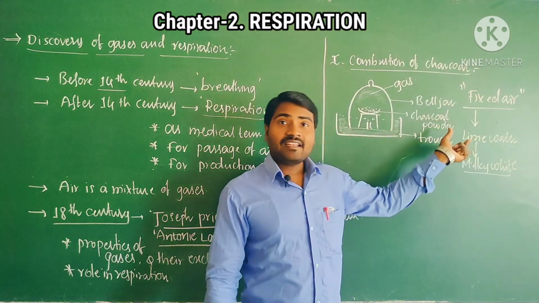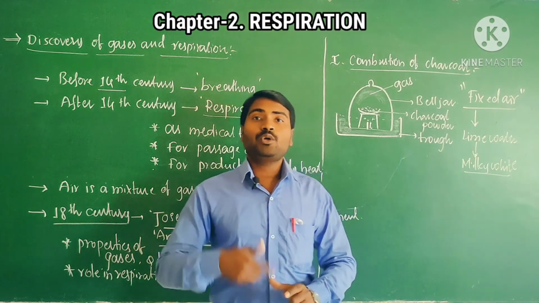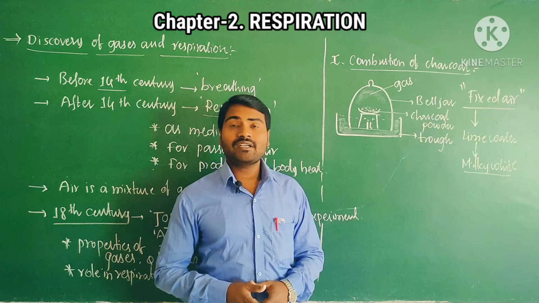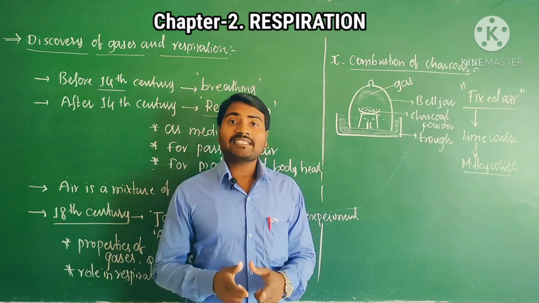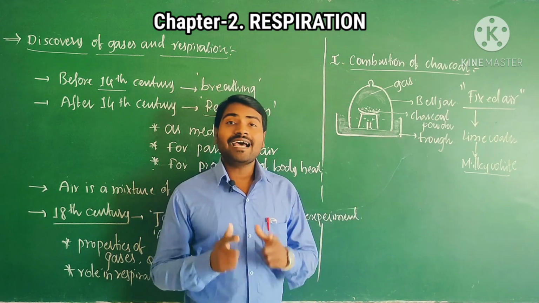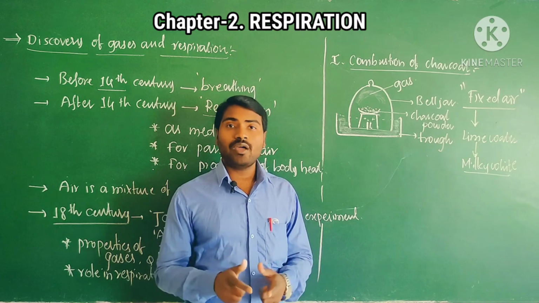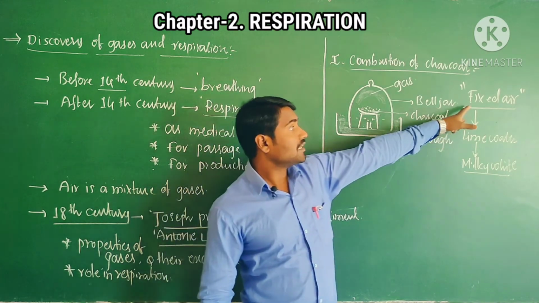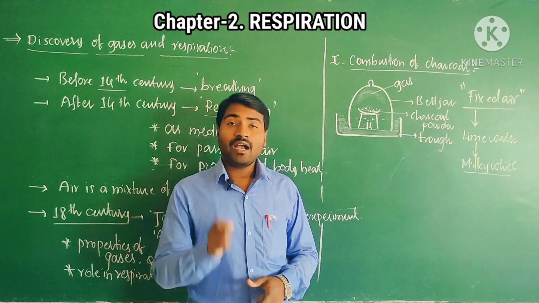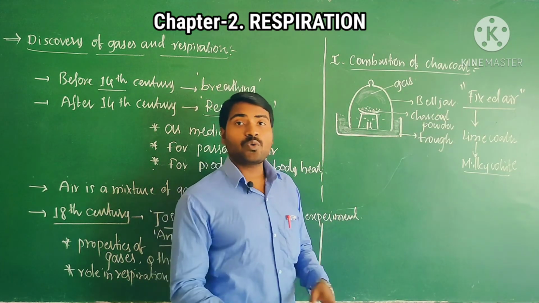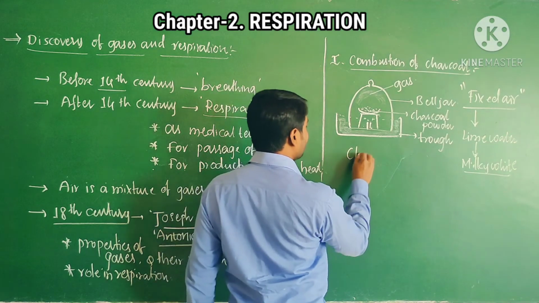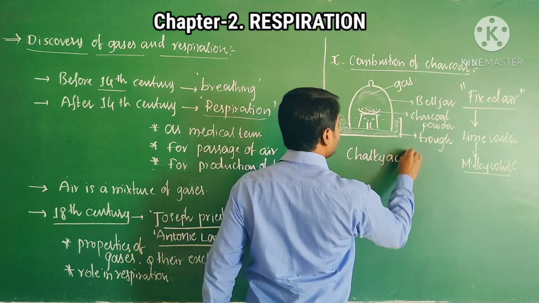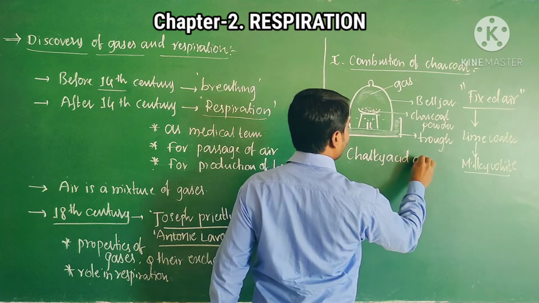So that air changed the lime water into milky white, and we know that it is nothing but carbon dioxide. In those days carbon dioxide was called fixed air, as they did not know the word carbon dioxide. This fixed air is also known as chalky acid air, or chalky acid gas.